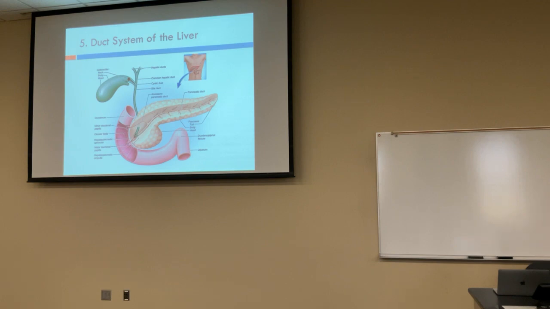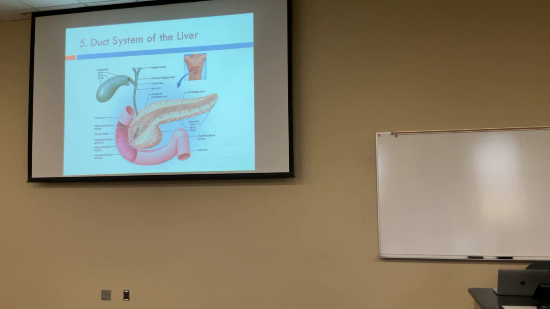The common bile duct then carries the bile down through the pancreas, where it combines with the pancreatic duct to form a larger duct that connects with the duodenum, which is the first part of the small intestine.